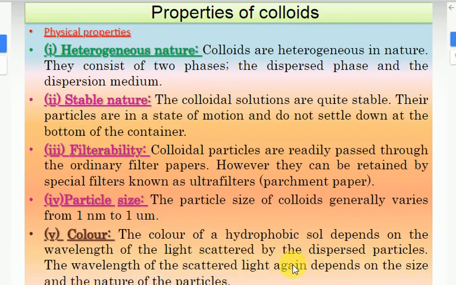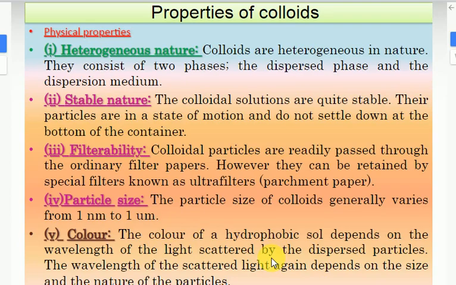Whenever light falls on a material surface, there is reflection. This gives the color of different materials. Based on wavelength and particle size, different colors come.